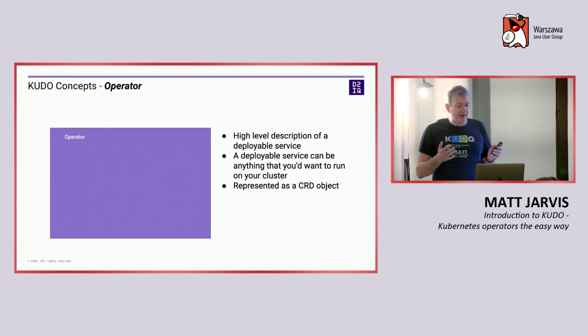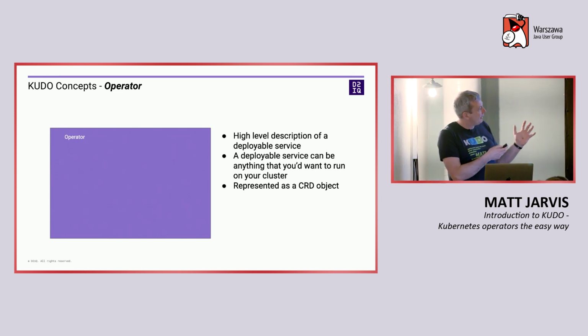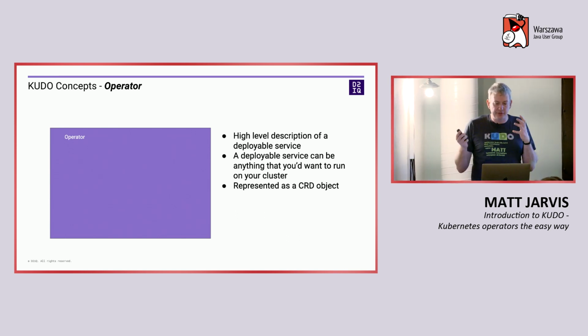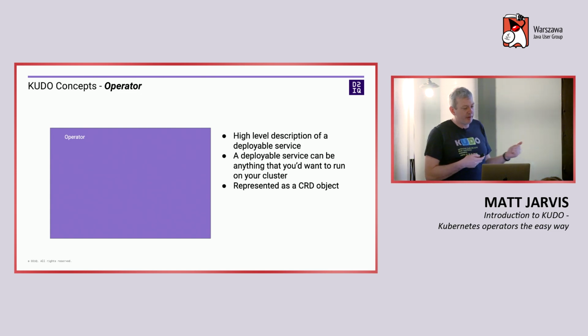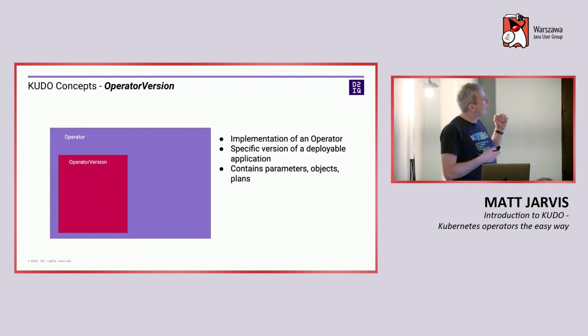So there are some core concepts that we need to understand when we talk about what KUDO is. Firstly, in the world of KUDO, this concept of operator is the description of a deployable service. So this is a CRD, and we'll see that when it comes to the demo. And then we have this idea of operator version. An operator version represents the particular implementation of an operator.